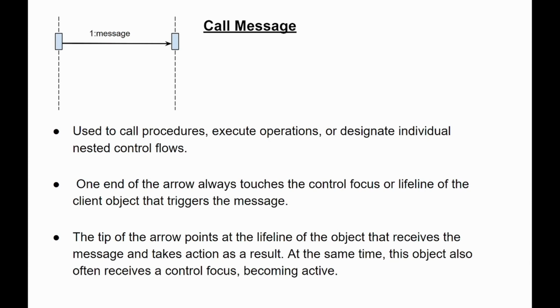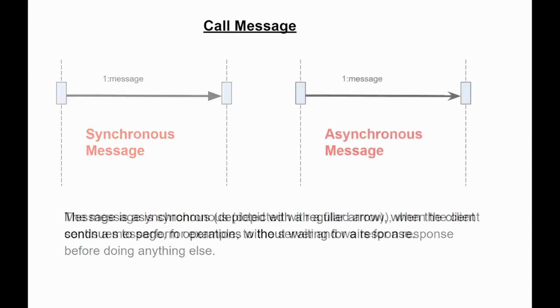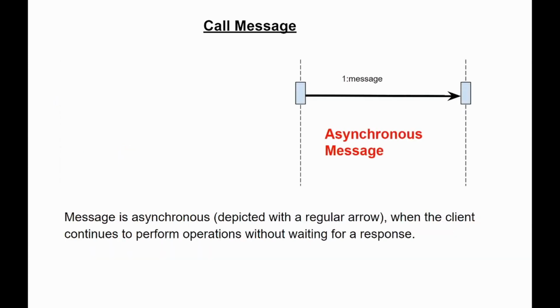At the same time, this object also often receives a control focus, becoming active. The message can be synchronous, depicted with a filled arrow, when the client sends a message, for example, to the server and waits for a response before doing anything else, and asynchronous, depicted with a regular arrow, when the client continues to perform operations without waiting for a response.